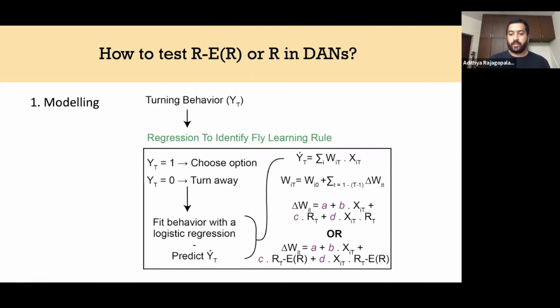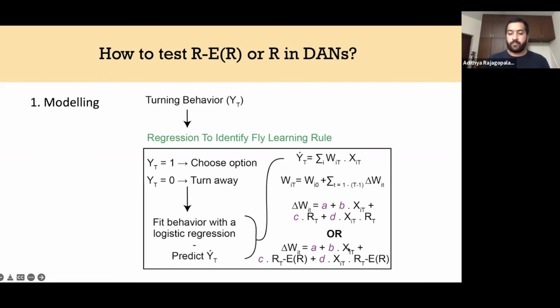The inputs to our model were the choice history, the reward history, and a product of choice and reward history, or the same things when, rather than reward, we had a reward minus expected reward. We could use these inputs to determine which were important in predicting behavior and potentially discriminate between whether a reward was sufficient or a reward minus expected reward was better at predicting the fly's turning behavior.